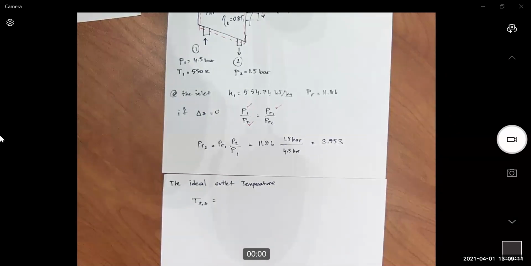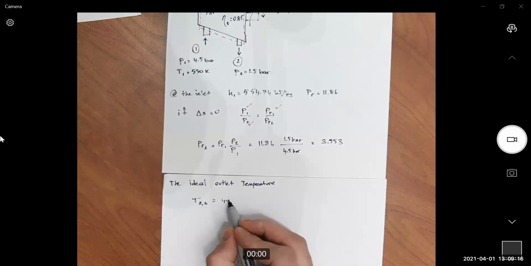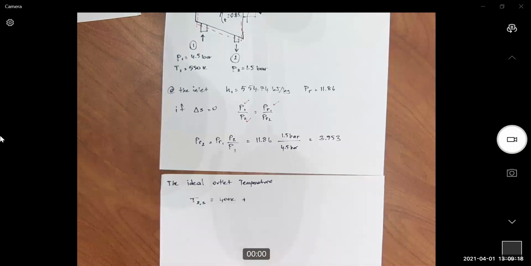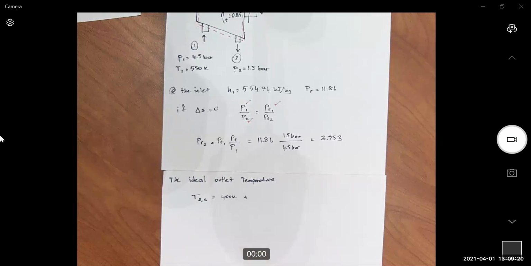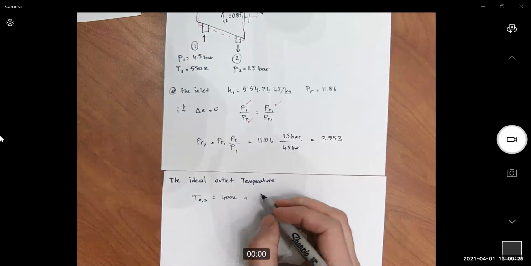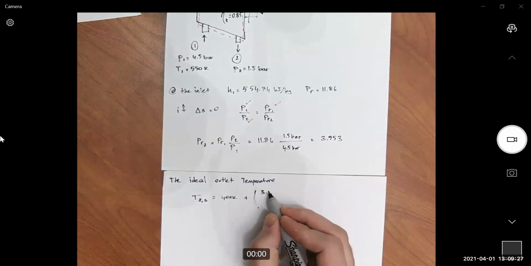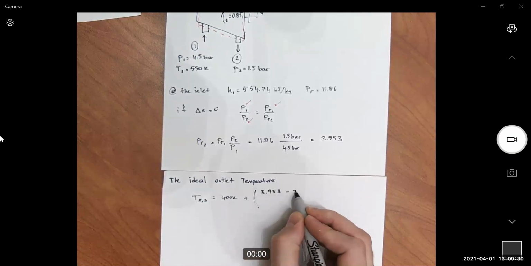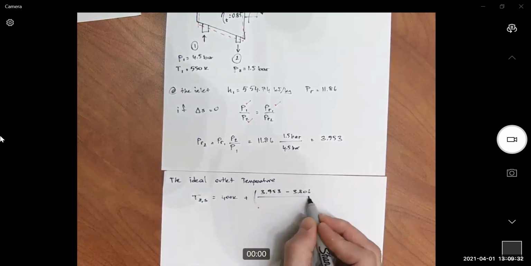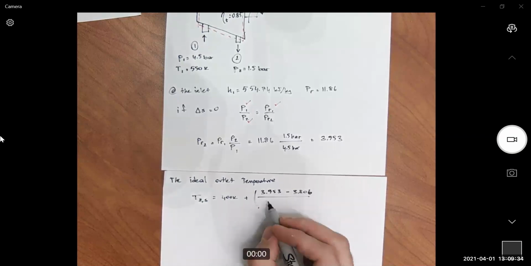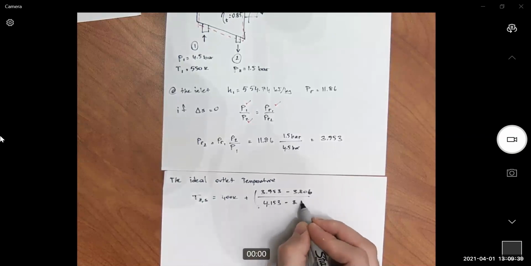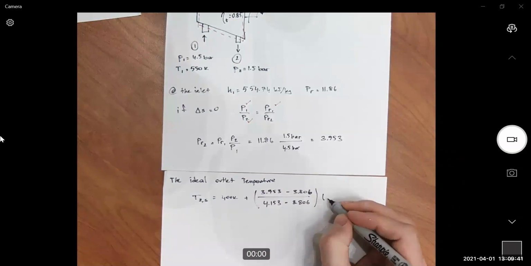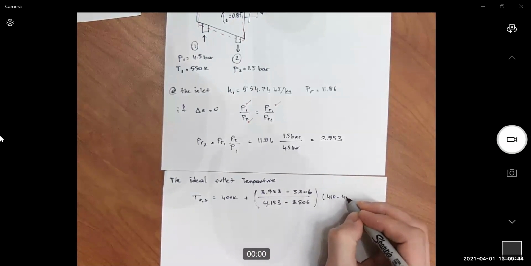All right? So the ideal temperature at the outlet lies between 410 and 400. Okay. So by interpolating, 3.953 minus 3.346 over 4.153 minus 3.346, times 410 minus 400 Kelvin.